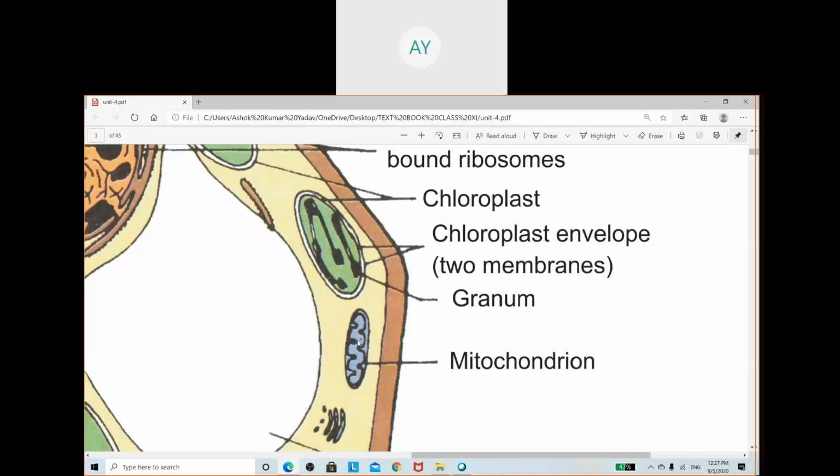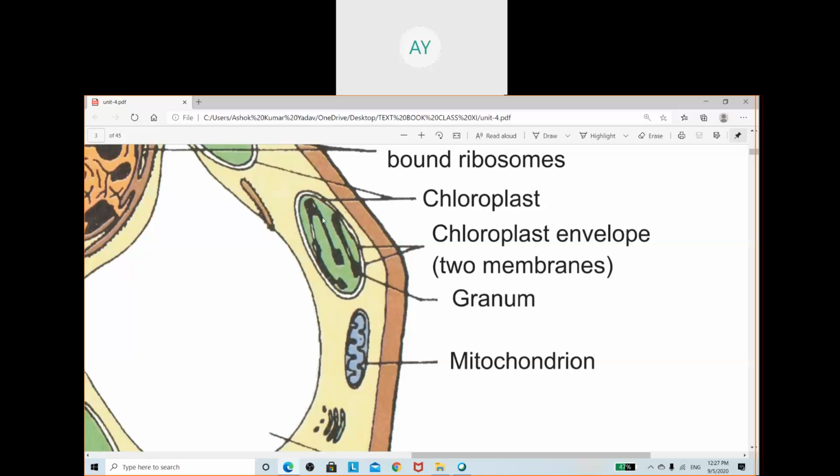In both the case, there is a production of ATP occur, but difference is that in presence of chlorophyll, in presence of light, the synthesis of ATP occur on CF0 CF1 particle attached on interlamellar membrane.